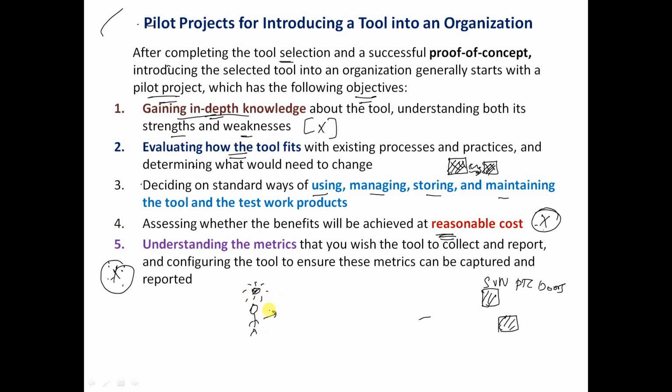But once you enter the market, the sales guy explains everything, and at the end you will buy a moon, not a sun. So that's what you should not forget, or you should not leave your scope. That is understanding the metrics, whether the tool is giving you the proper definition or the scope to satisfy your project needs or not.